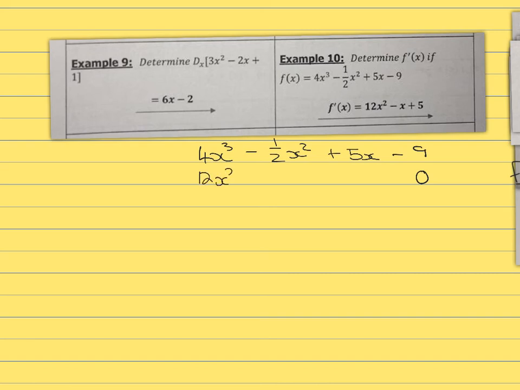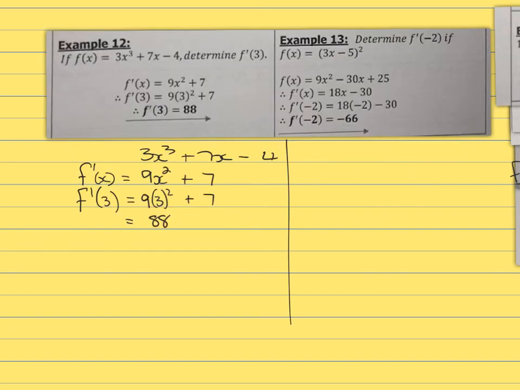X, 3 minus 1 is 2. Minus 2 times a half is 1. 2 minus 1 is 1. Plus 5 times 1 is 5. 1 minus 1 is 0, so that x falls away. So the derivative of x will be equal to 12x squared minus x plus 5.